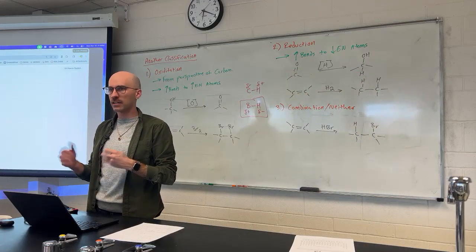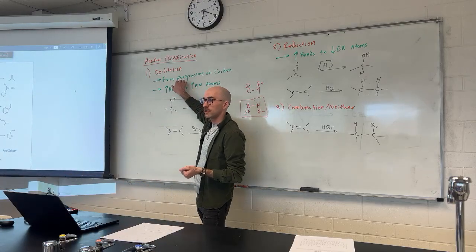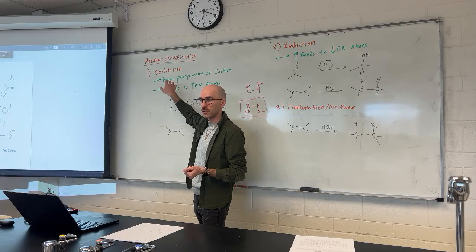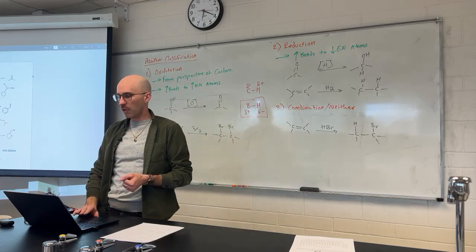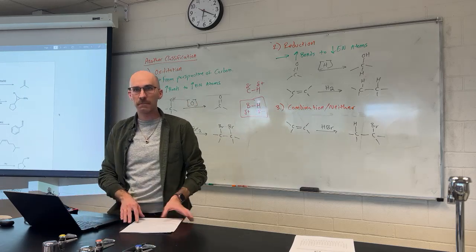It neither oxidized nor reduced the carbon, because remember, this is from the perspective of the carbon. The one to the right, where I eliminate the alkyl chloride and form an alkene.